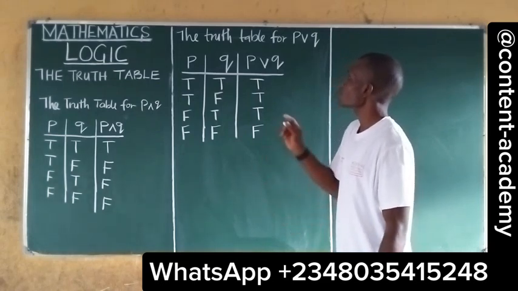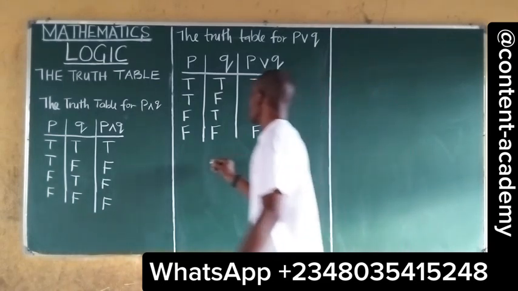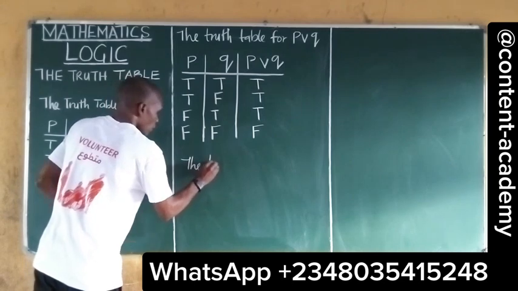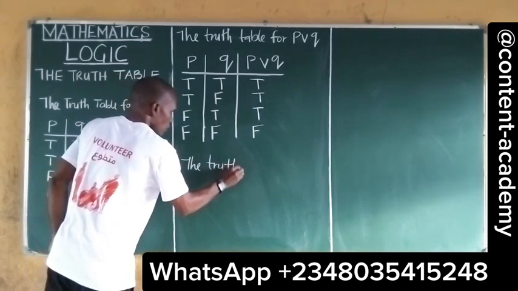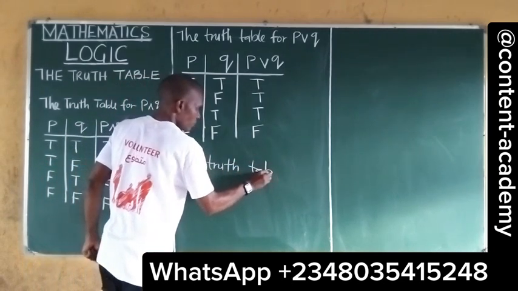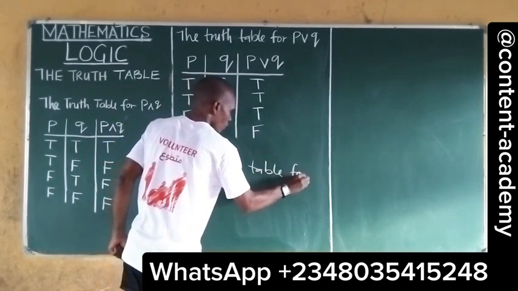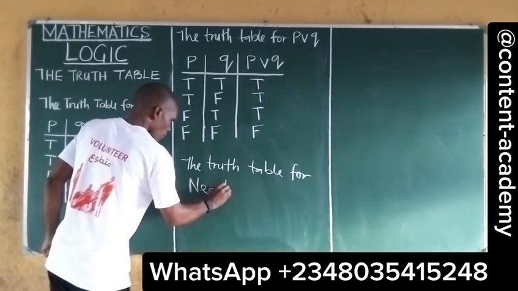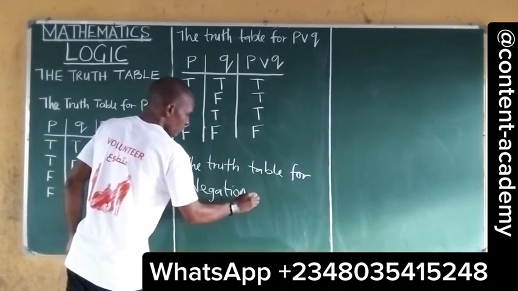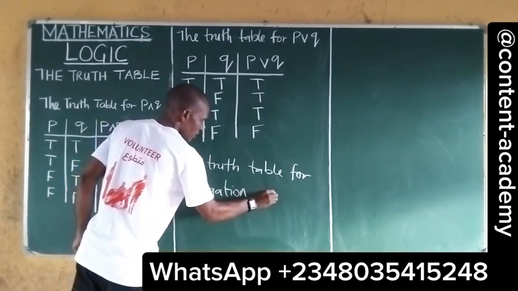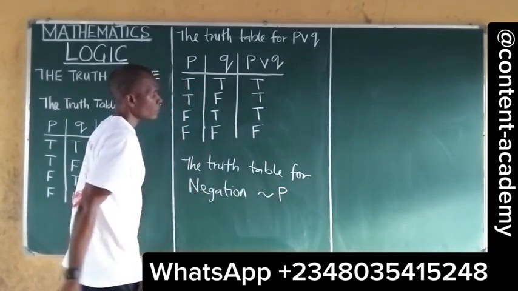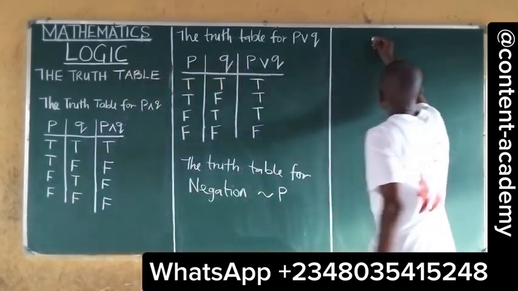We also have the truth table for negation, which is always denoted as this. Say negation P. So we can come here.